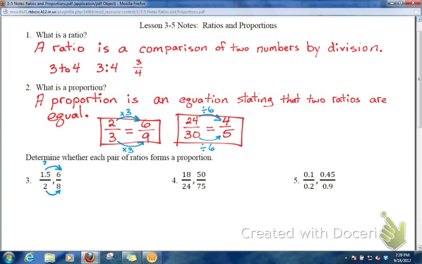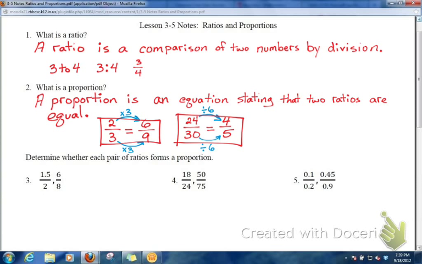Now, the problem here is that I don't know exactly what to multiply 1.5 by to make a 6. Obviously this will get more difficult, but maybe you do, maybe you don't. Let's just pretend I don't know, so I don't know if these two fractions are equal or not just by looking at them, which is fine.